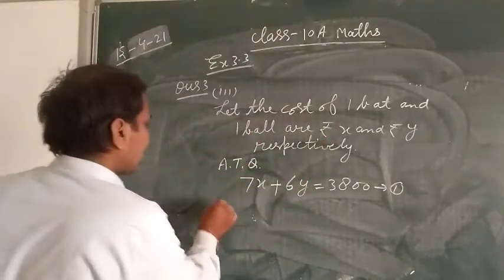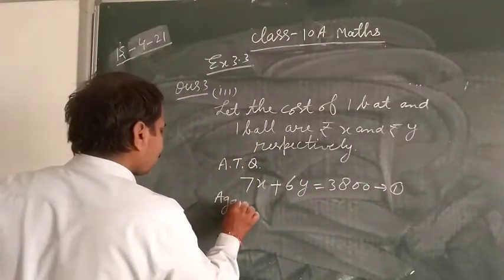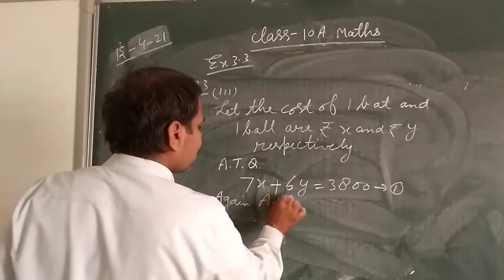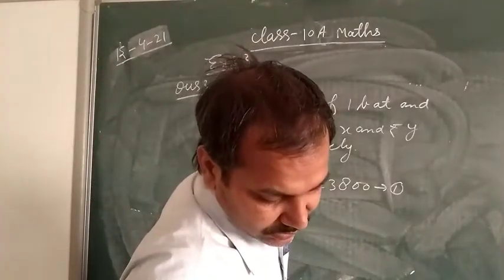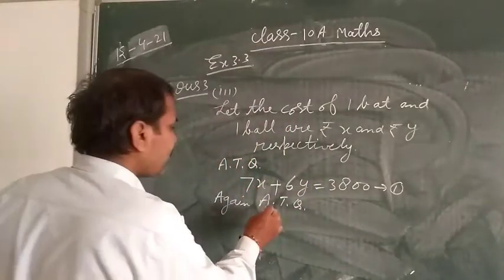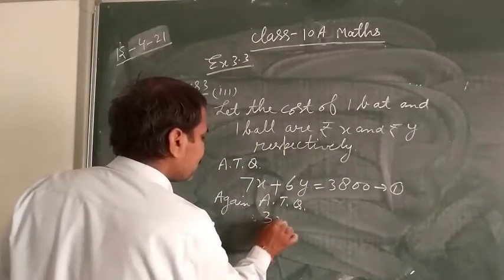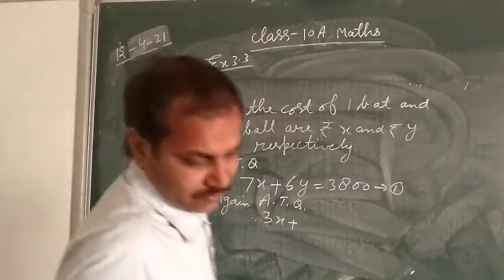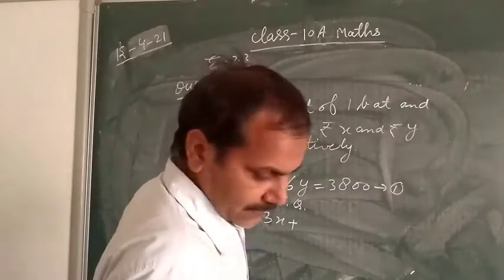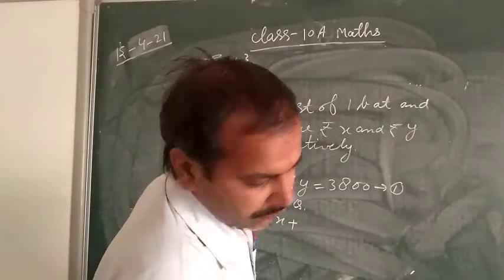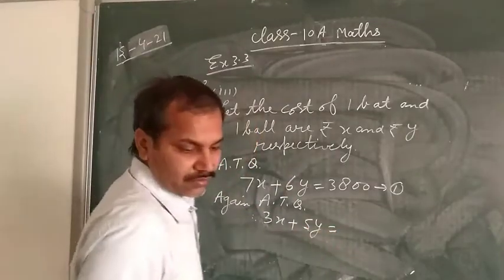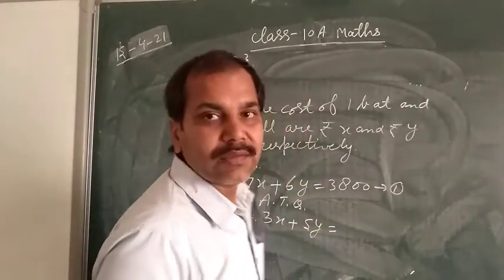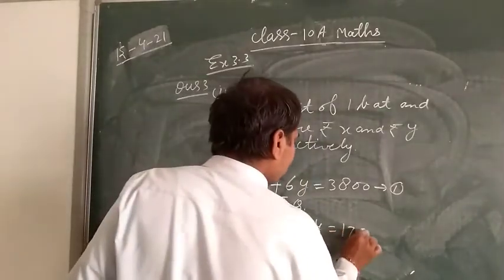Later, again according to the question, she buys 3 bats, so the cost of 3 bats will be 3x, and 5 balls cost 5y, and the total is 1,700.